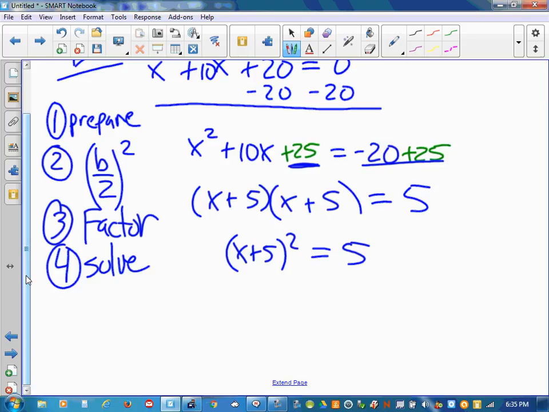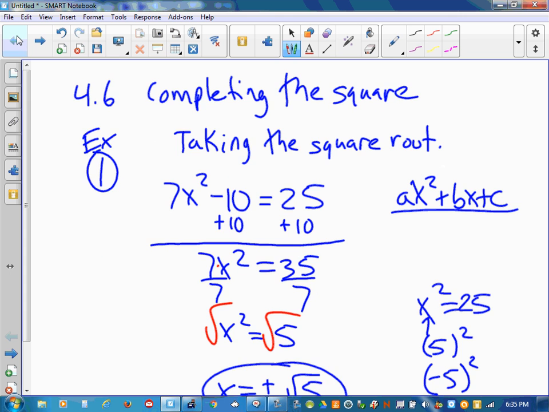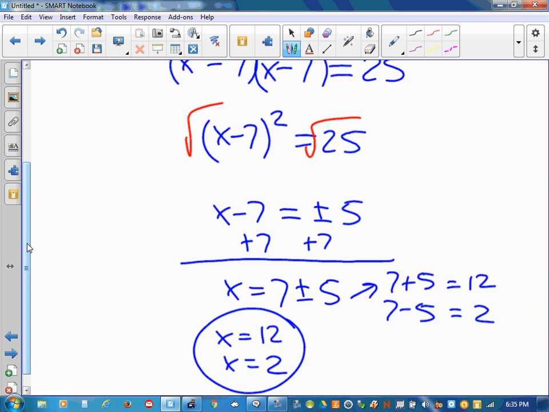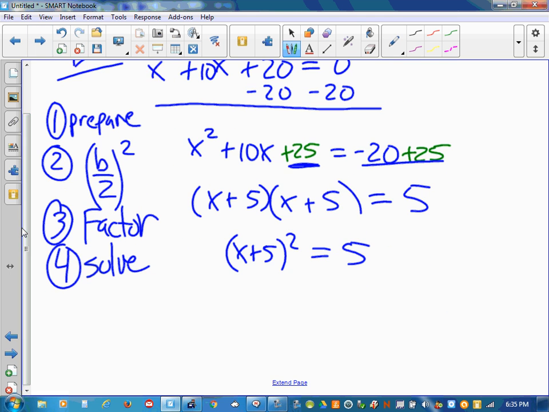So I'm going to solve just like I did on the last problem, which would be the second problem right here, kind of to this step right here with the 7 business and the 25 there. I can just take the square root of each side and figure out the answers. Now in this problem, I got 12 and 2. I'm not going to get anything that nice on this guy here.